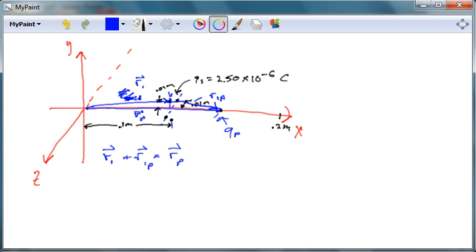And so those two are being added together in this vector addition diagram to form RP, the position of the particle. R1P is the one I need.